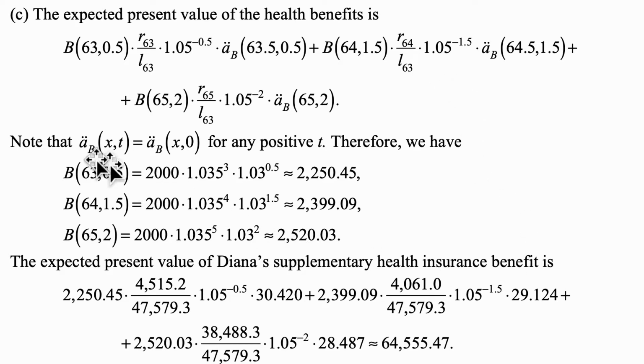And we have a double dot b x t equal to a double dot b x 0 for any positive t. Therefore, b64.5 is 2,000, the initial rate, times 1.035 cubed times 1.03 to the 0.5. 2,000 is the rate from age 60, but we're at age 63, so that's why we multiplied by 1.035 cubed, and this 0.5 is accounted for by multiplying by 1.03 to the 0.5, and here is the rate.